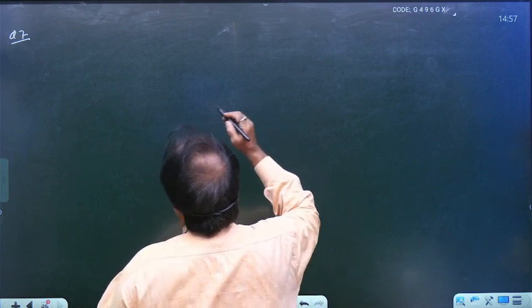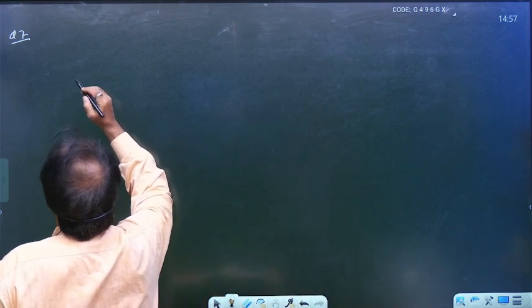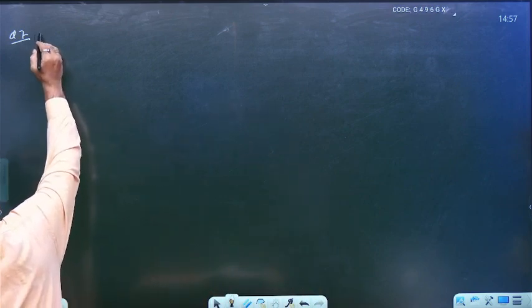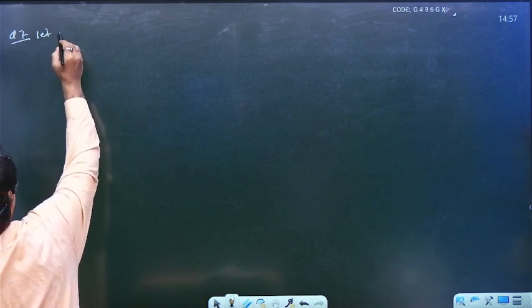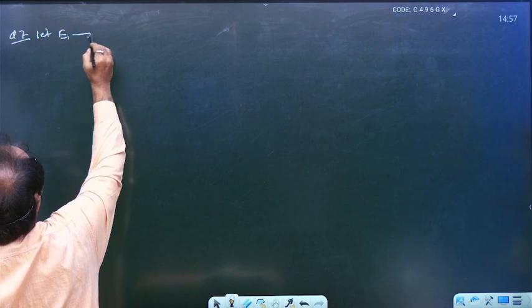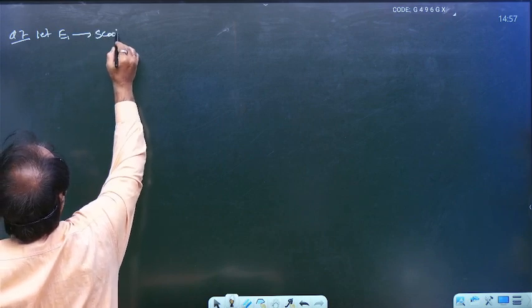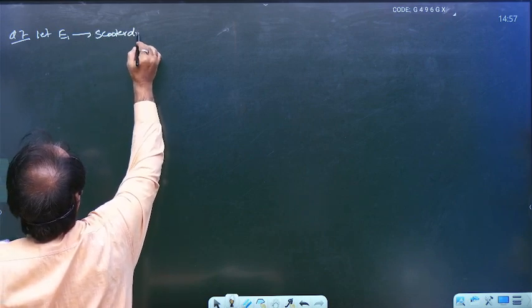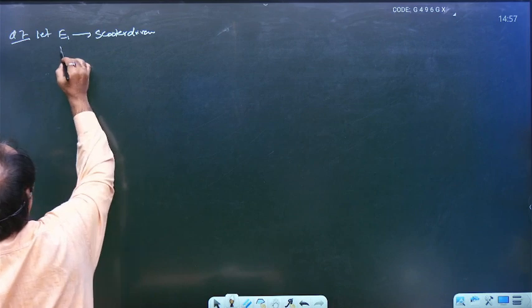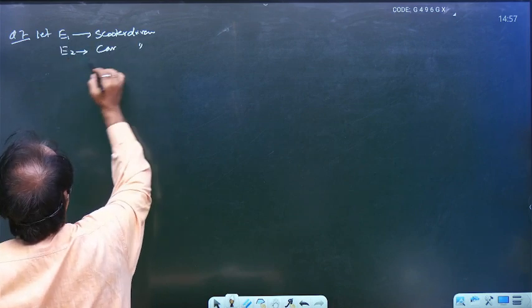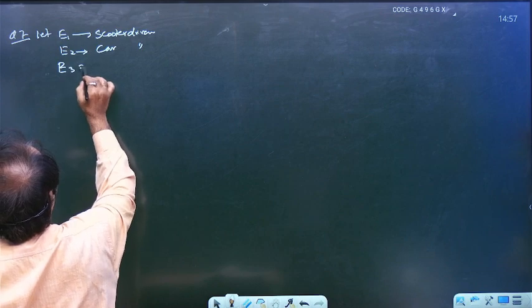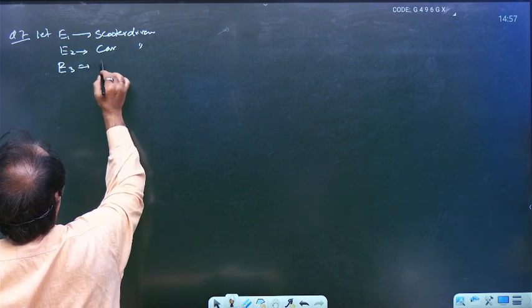So, total number of drivers. Let E1 be scooter drivers, E2 car drivers, and E3 truck drivers.